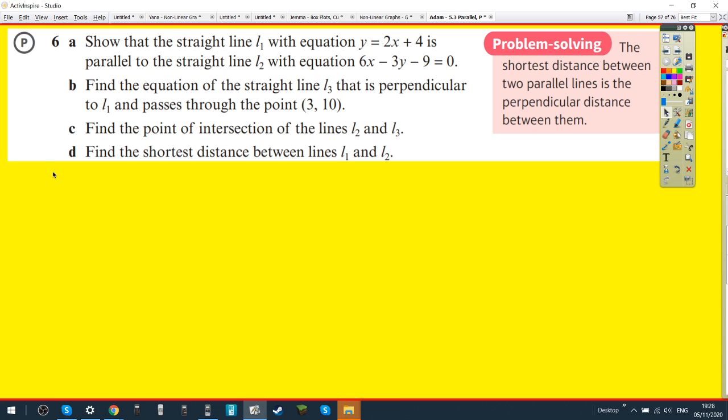I just wonder, question D: find the shortest distance between L1 and L2. How do we do that? What's the perpendicular distance between them? I want to graph this.